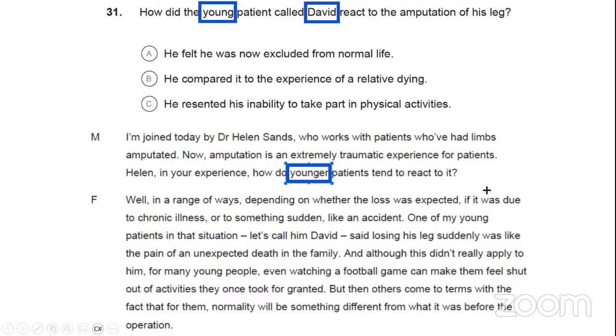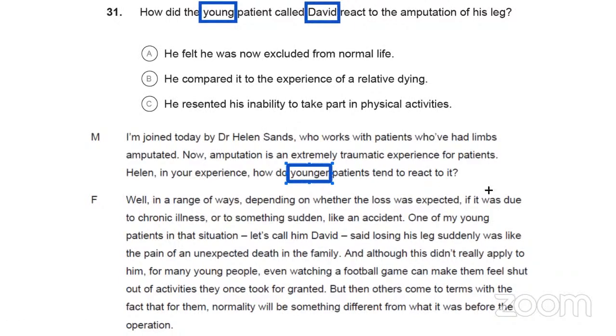Everyone is a patient here. But here, younger patient. The word young is important. So in the question, you have to relate. When he says young, that means you have to understand how it goes. The question starts with young, and the answer starts with an example giving David. So this is how you have to relate.